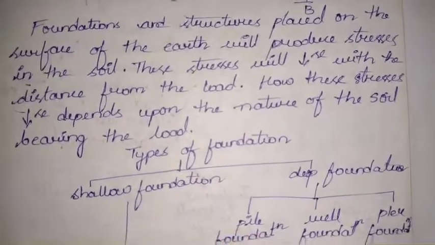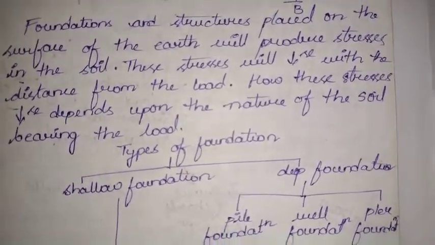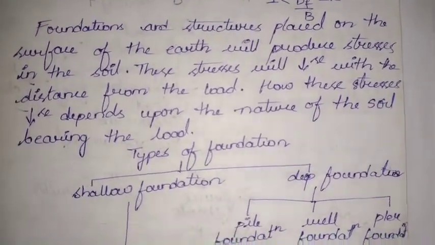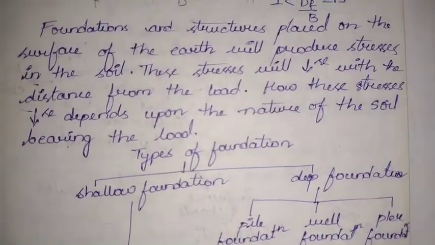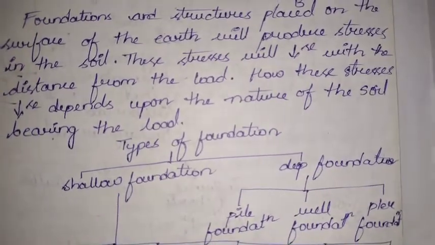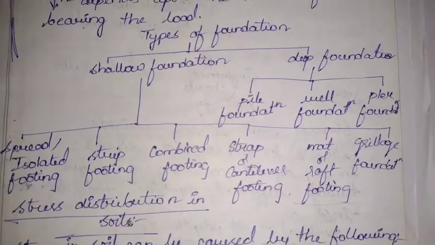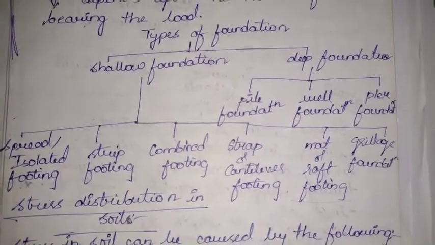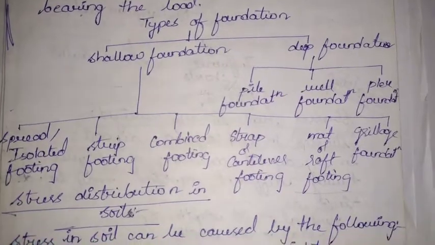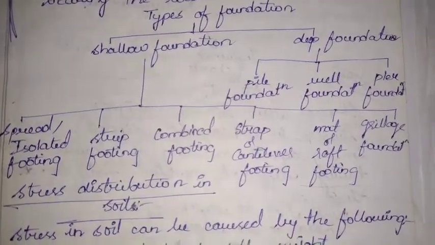I have told you the classification of shallow and deep foundations according to depth, but we also have another classification wherein, because of the design, we divide the shallow and deep foundations into sub-classifications. They are in this way. The types of foundations are divided into shallow and deep foundations, which are again subdivided.